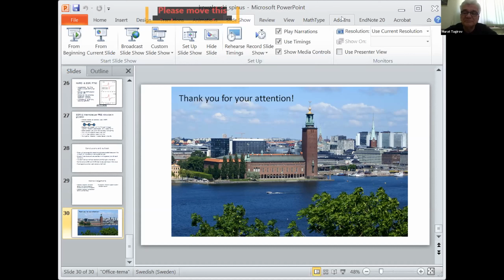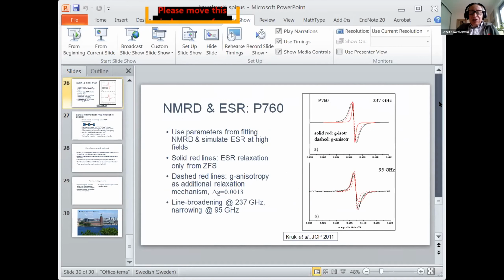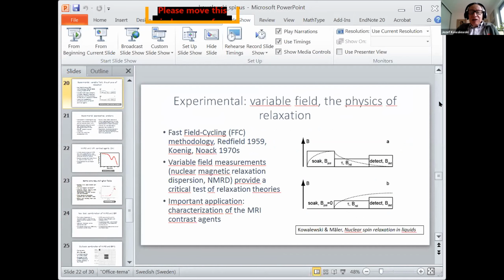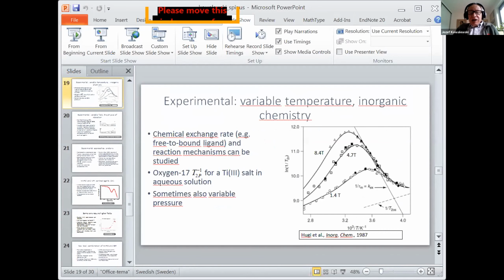Well, actually, if we go back a few slides, I had this one here. These data are for oxygen 17, which is a quadrupolar spin, because oxygen 16 has no magnetic moment.